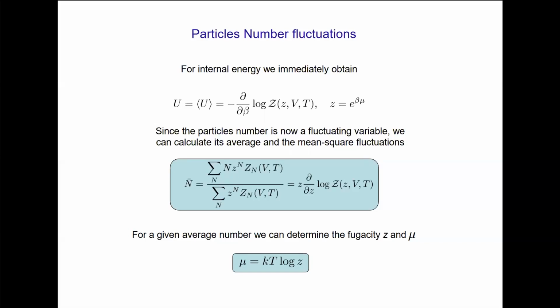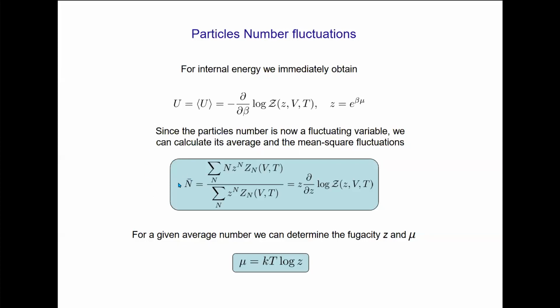As I said before, we can now calculate the average of any observable which depends on the number of particles, and since the number of particles can fluctuate, we can calculate the average value of the observable with a fluctuating number of particles. And obviously, the first observable we want to calculate the average of is the number of particles itself.